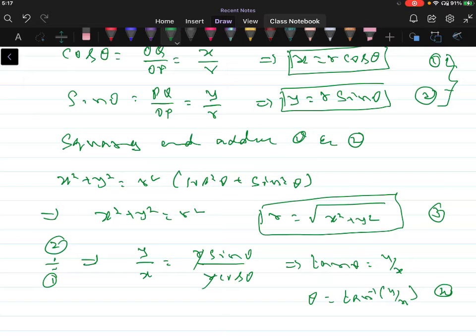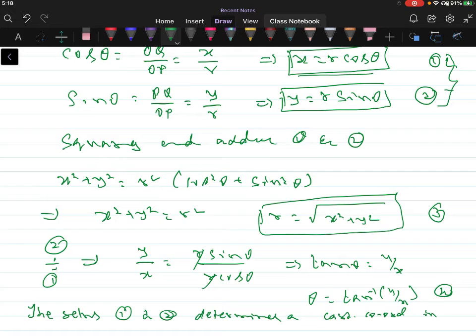So the relations 1 and 2, where 1 is x equal to r cos theta and 2 is y equal to r sin theta, determine the Cartesian coordinates in terms of polar.